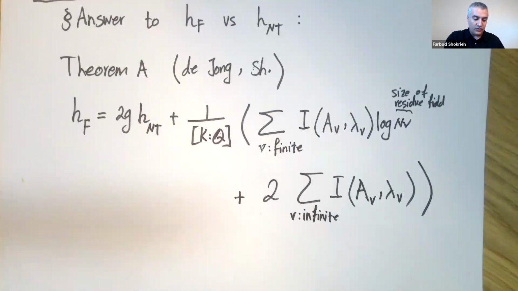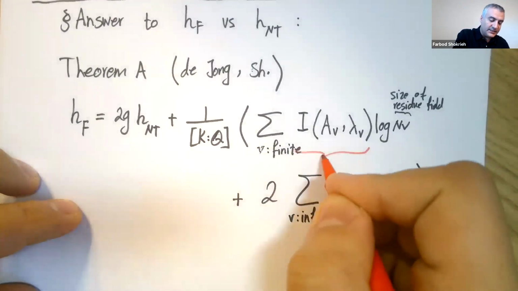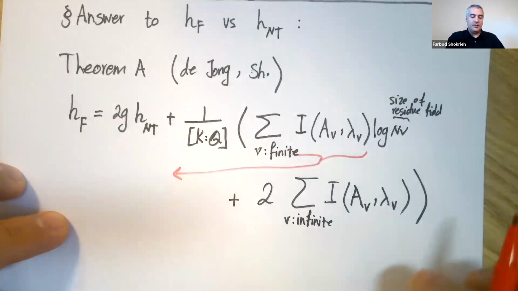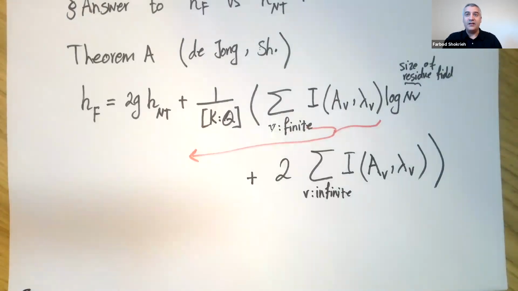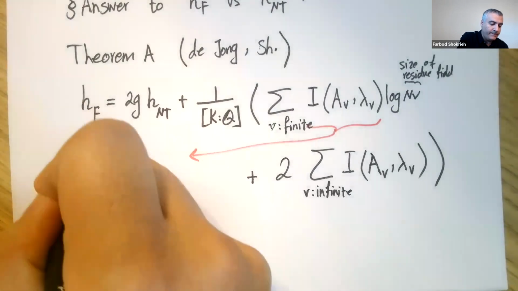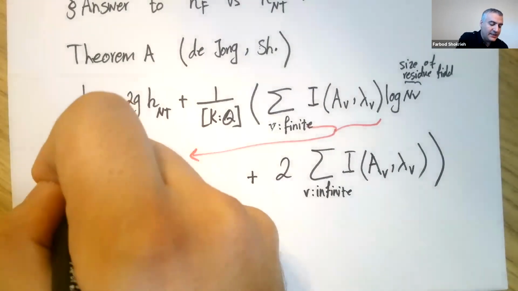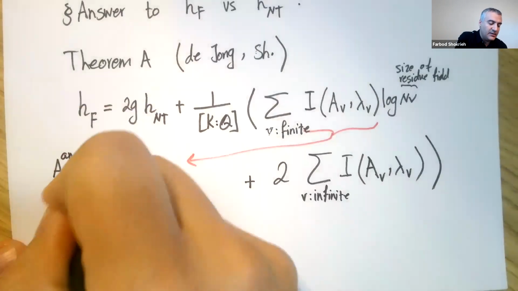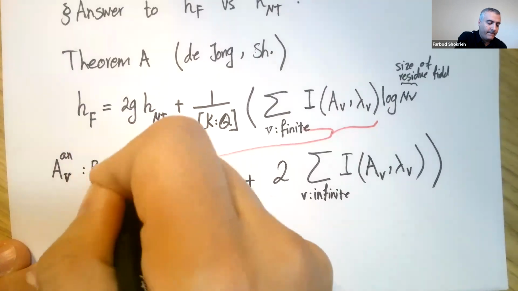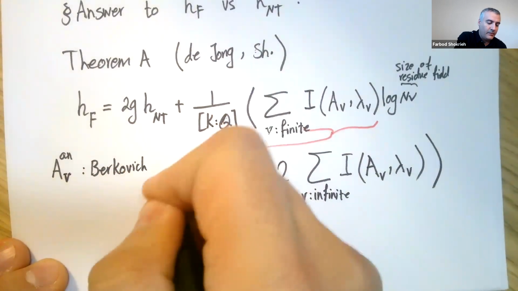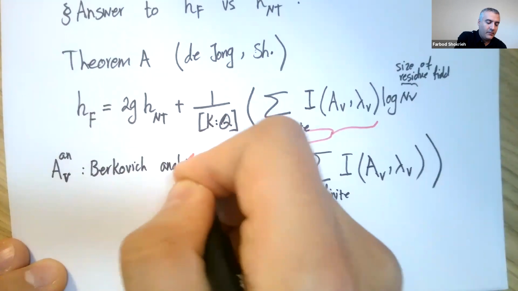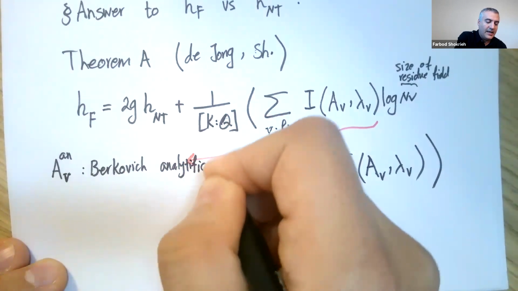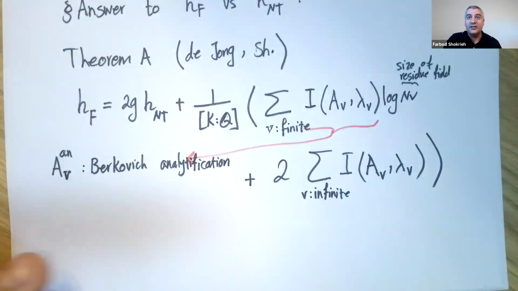I still owe you a bunch of things. First of all, what is this number? Well, I know how to compute moments of lattices. Let me just tell you that when you have a place and an abelian variety over a number field, you can look at the analytification. And that gives you an honest-to-God topological space.